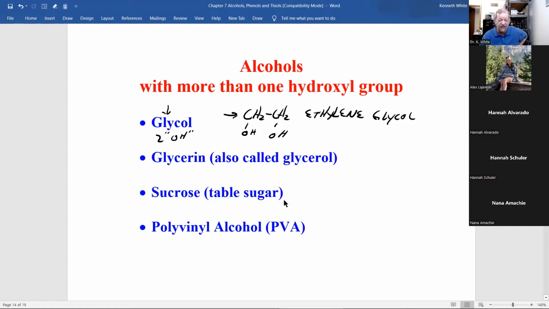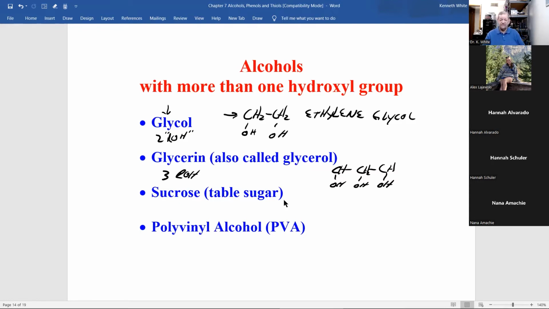Now, next one, glycerin, has three alcohols in the same molecule. And it has this structure. Again, switches off. And glycerin is a common name, not the IUPAC.